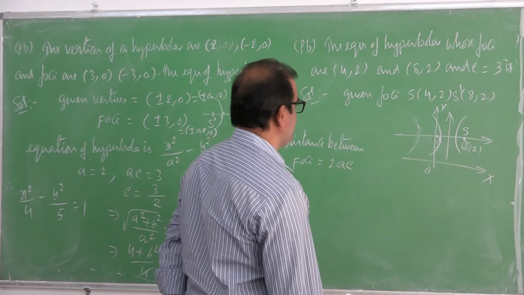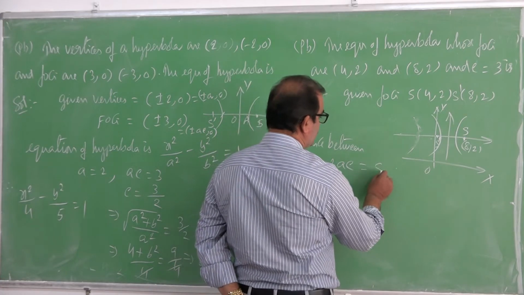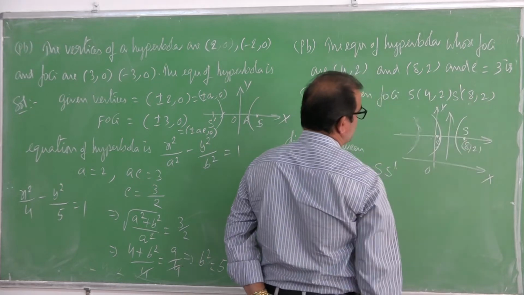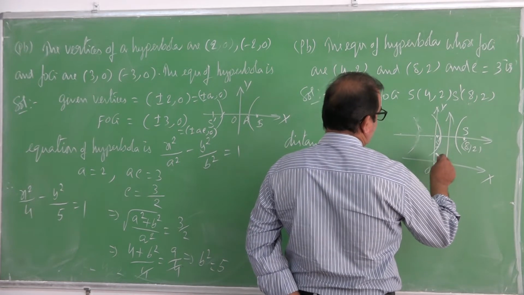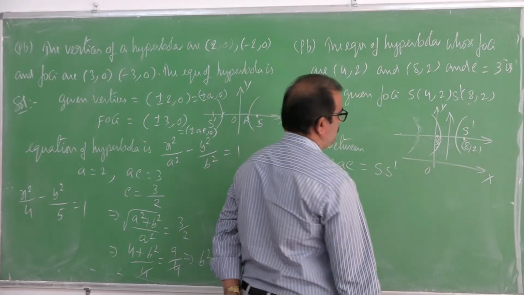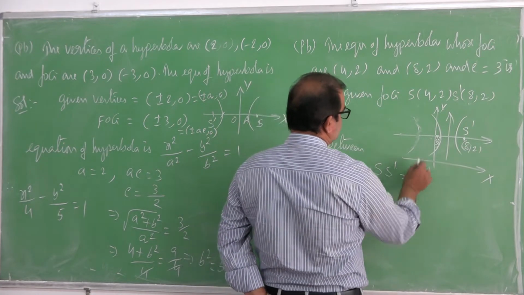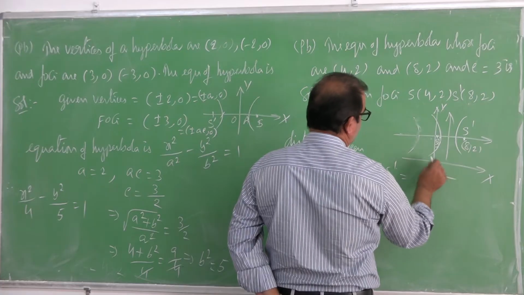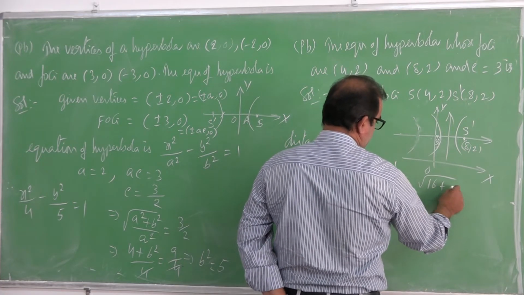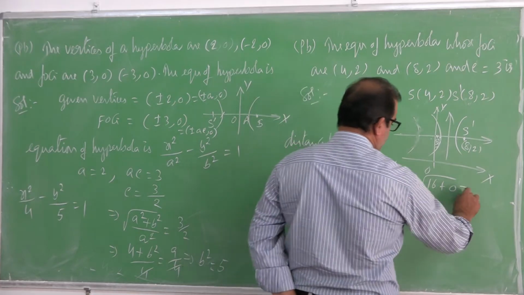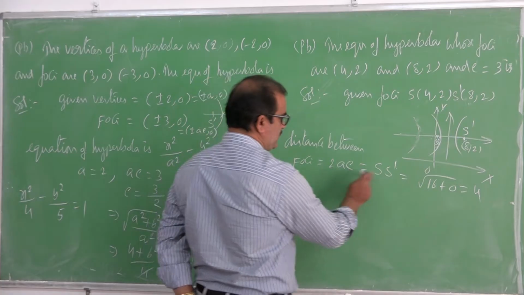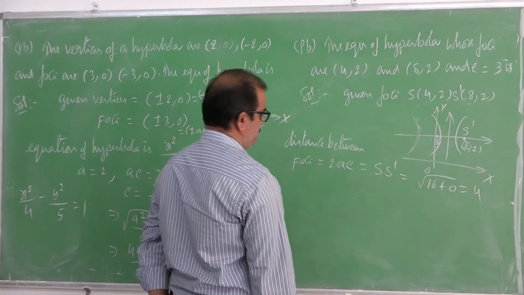Always distance between foci is 2AE. 2AE is SS dash. Distance between foci is 2AE. Okay, let it be S dash and let it be S. What is the distance between these 2 points? Root of (8 minus 4) whole square, 4 square 16, plus 2 minus 2 is 0, root 16, that is 4. So 2AE is equal to 4.